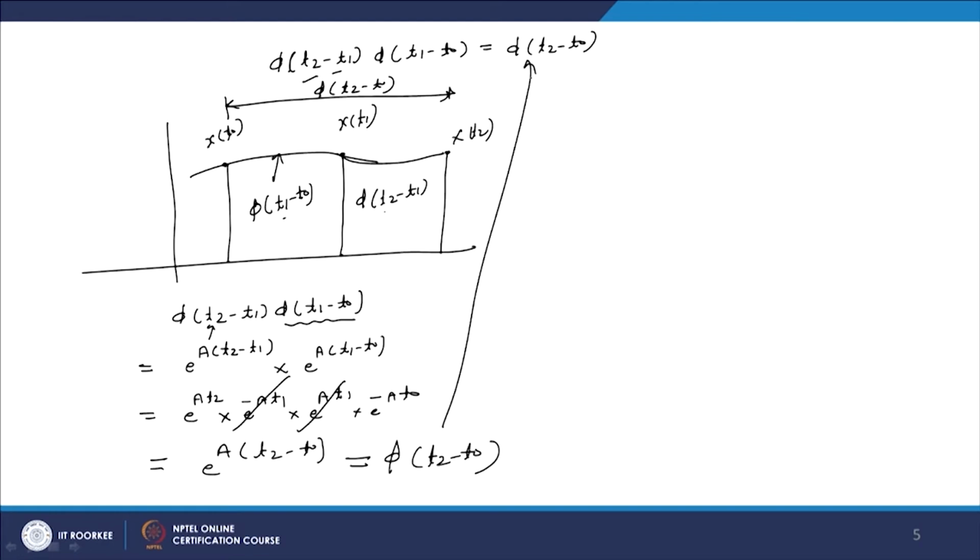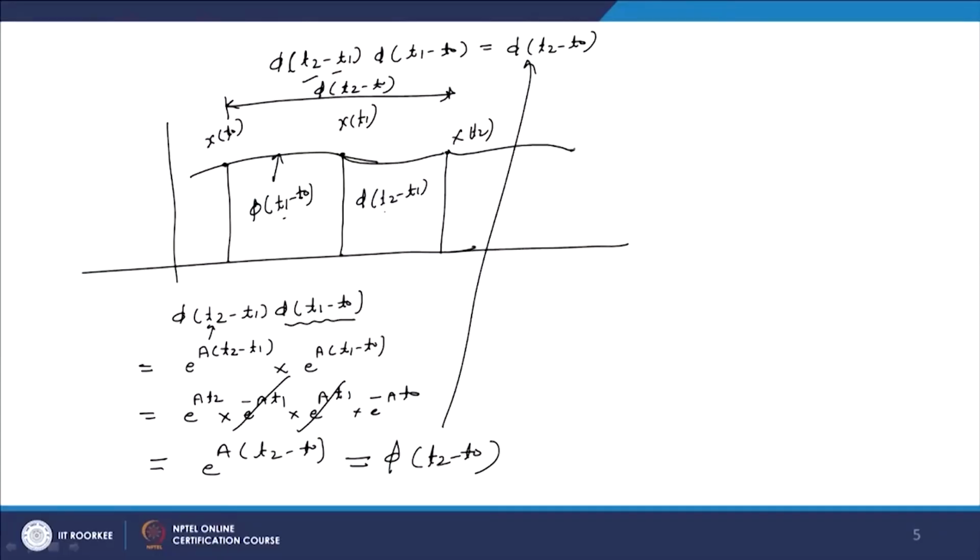So here we have transition of state from t0 to t1, t1 to t2, but it may be possible that the state at t2 may transfer to t3, which can be represented by phi of t3 minus t2. Now how do you express this through state transition matrices?